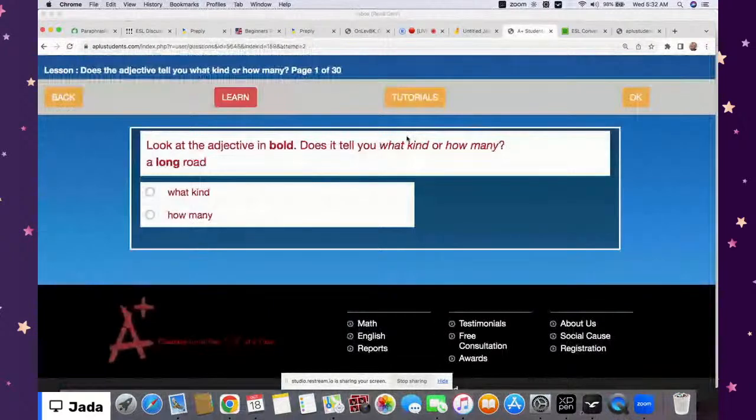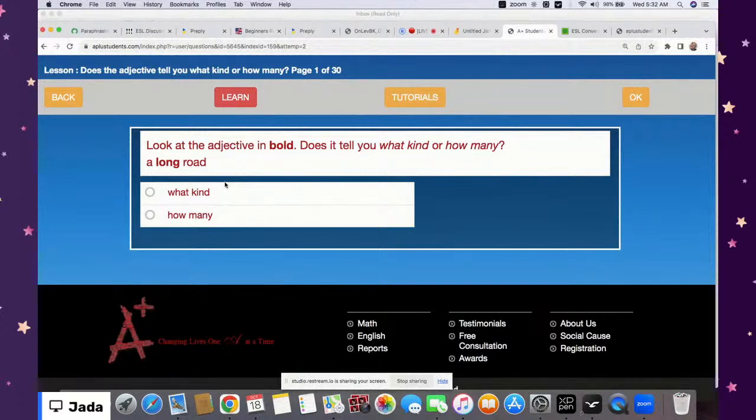Now, look at the adjective in bold. Does it tell you what kind or how many? It says long, a long road. Is it telling us what kind of road or how many roads we have?